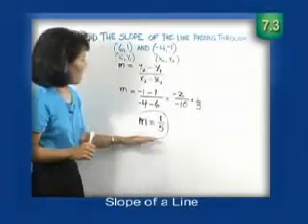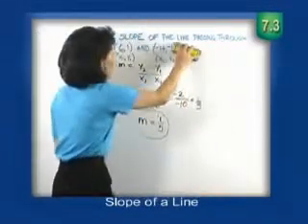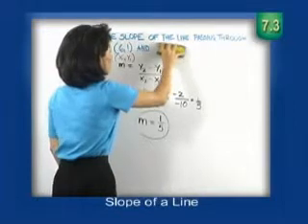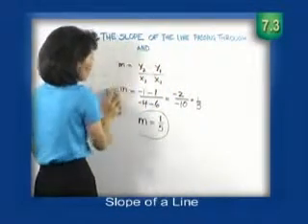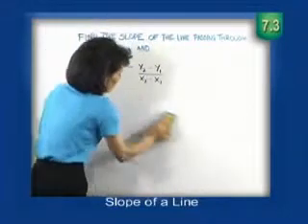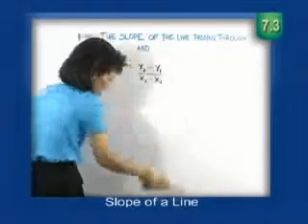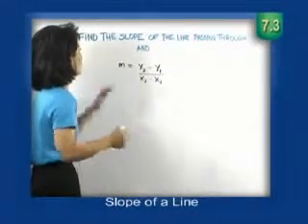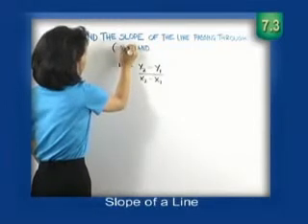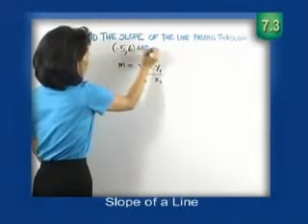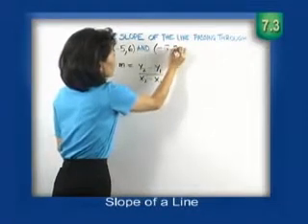Now that we've done that and we're familiar with our formula, let's change the points and try again and see what happens. Let's keep our slope formula for reference. And let's go ahead and recalculate and see if there are any special cases we have to be aware of. So this time we're going to find the slope of the line that goes through the following 2 points, (-5, 6) and (-5, 3).